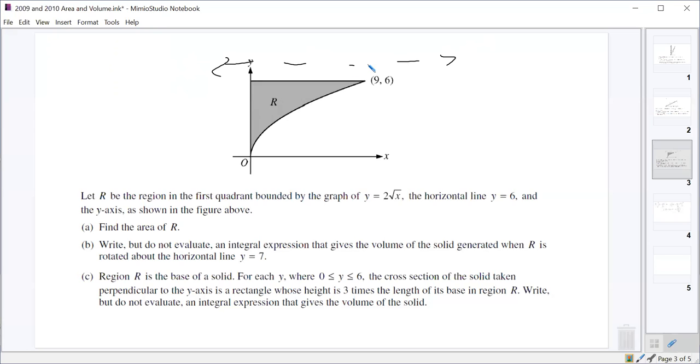Our outer radius ought to be the distance from 7 to 2 root x. So this right here is 2 root x. The whole thing is 7. So that outer radius ought to be 7 minus 2 root x. And our inner radius ought to just be 7 minus 6, or just 1.